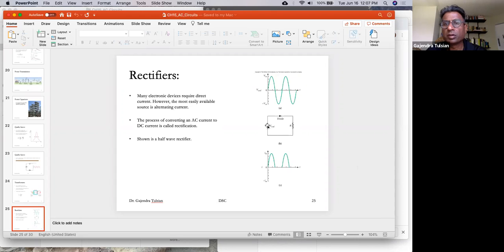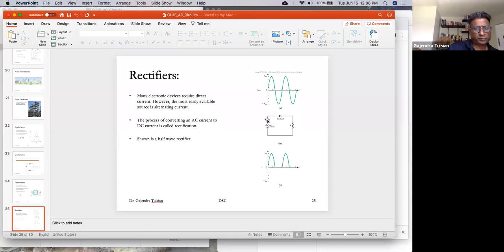All right, so here's an AC source, and what you have is a diode, and here's your circuit. Okay, so what a diode will do is, this is the AC source, and a diode will only let current pass in one direction. When the current is flowing in this direction, it'll let the current pass. When the current flows in this direction, it won't pass.